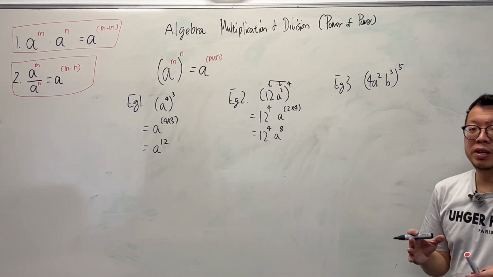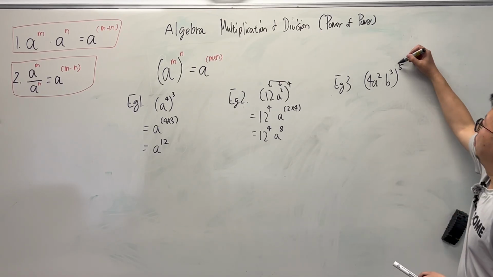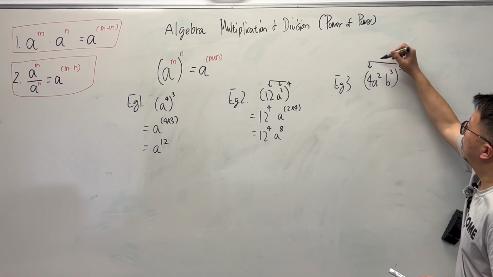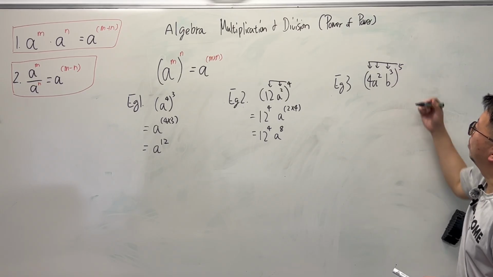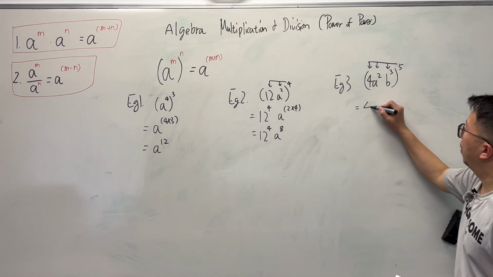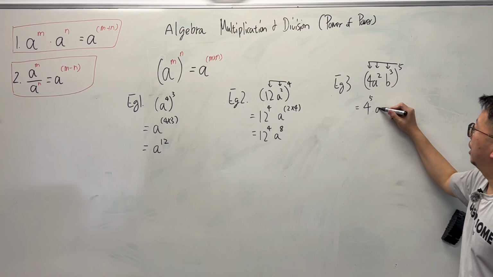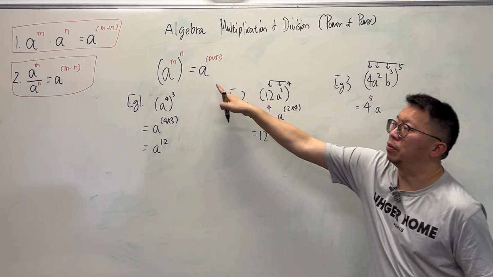Example 3. If we deal with more than one index term, how can we do it? The rule is pretty much the same. We apply it to each single term here. For the number term 4, we just say 4 power of 5. And then for the index term, we apply this rule here.